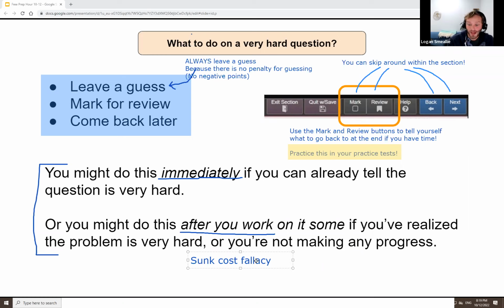And I think that really happens for folks on the GRE. They get 1 or 2 minutes into a difficult question, especially a math question where you're writing out a lot of stuff, you're trying to solve that equation, trying to solve that word problem. And you feel like you've got to keep going until you get the answer. And you can taste the satisfaction when you get to the answer.